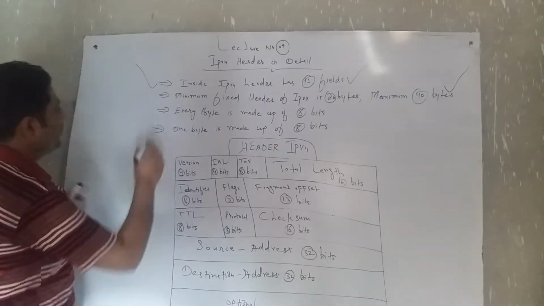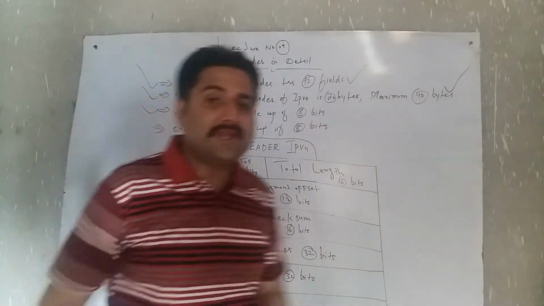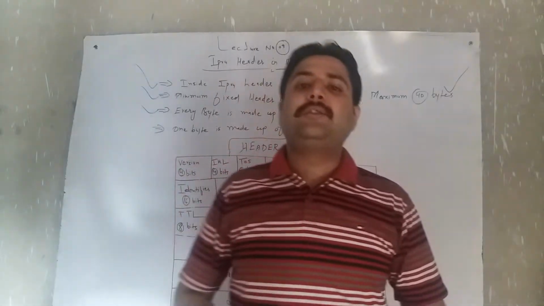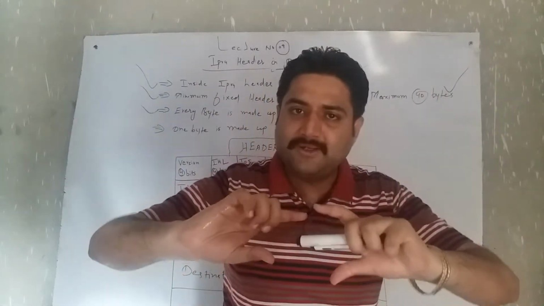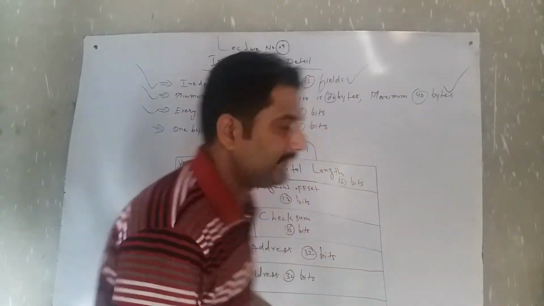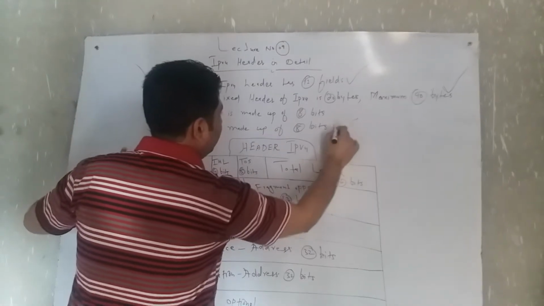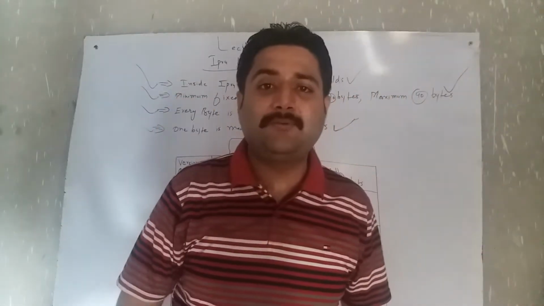Next, every byte is made up of 8 bits. Means one byte is equal to 8 bits. How many bits make up 1 byte?